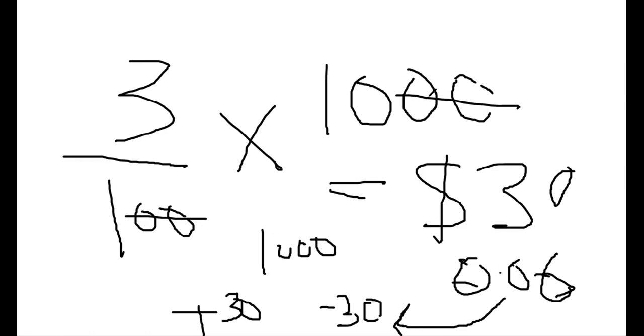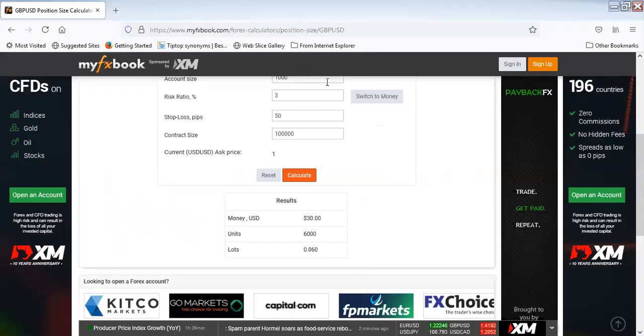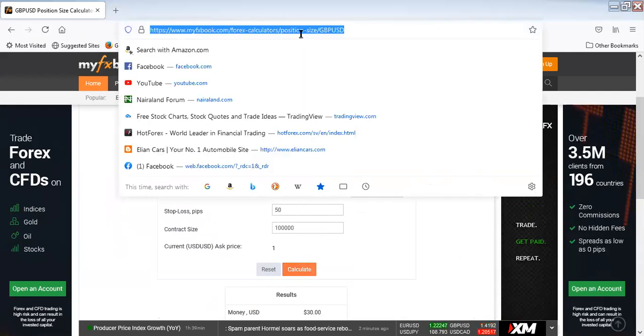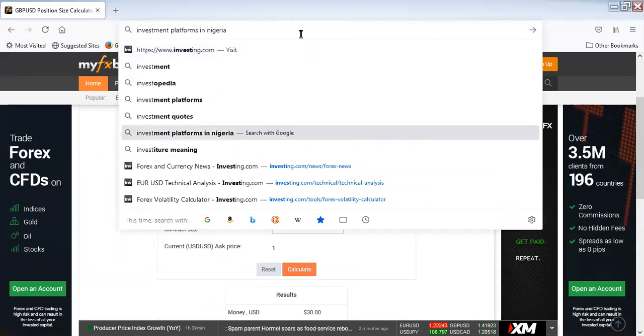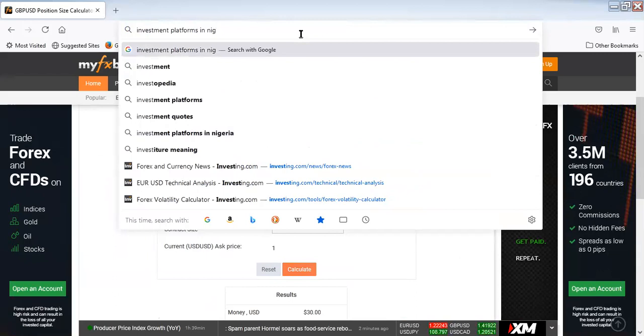Let's go to investing.com. Investing.com is one site that, whoa, I love it. And you know the beauty about this investing.com? You can have it in two ways, either in app or on web.